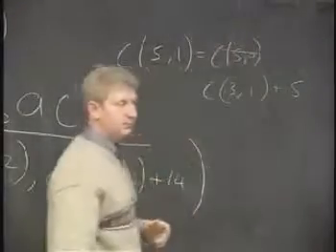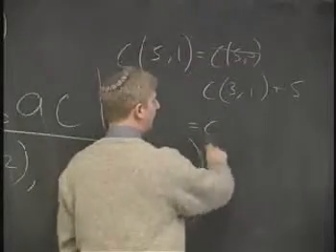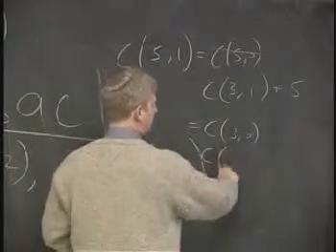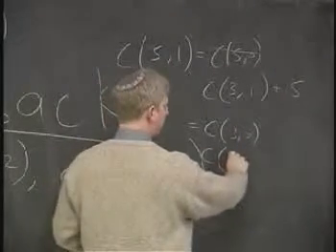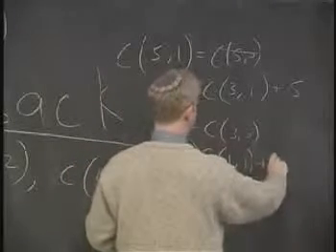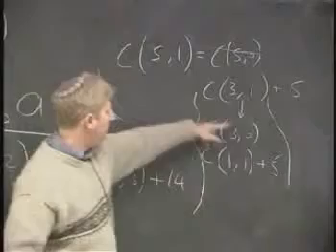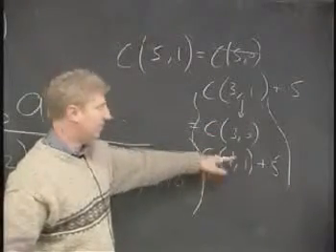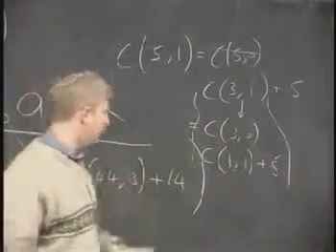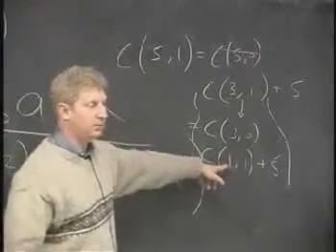And C of 3, 1 turns into C of 3, 0 or C of 1, 1 plus 5. The maximum of these two is going to be the bottom one. If you do that one more time, you'll see what happens. But right now our maximum is 5 plus 5. We still have to calculate C of 1, 1.